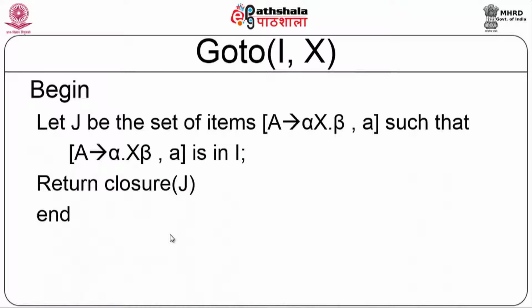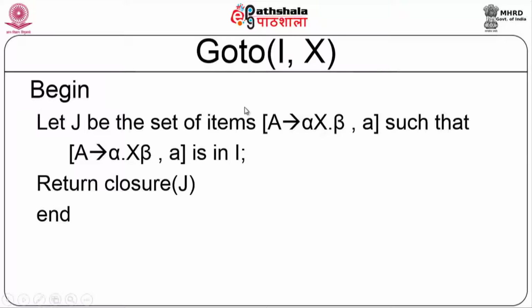Again, this calls for determining goto. So, goto will be: let J be the set of items of the form A produces alpha x dot beta comma a such that A produces alpha dot x beta comma a is in I. So, you have the production, for example, A produces alpha dot x beta comma a present in an item I, goto of I comma x, that is a dot appearing before the symbol x, I have to shift the dot by one position to the right, and then I should compute closure.